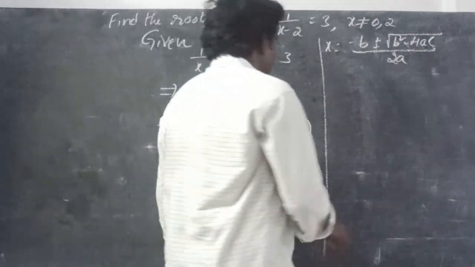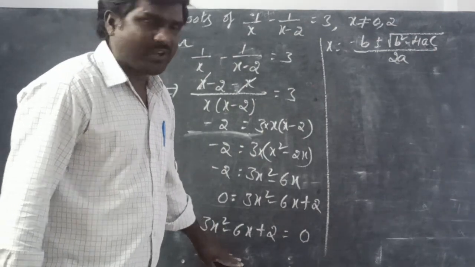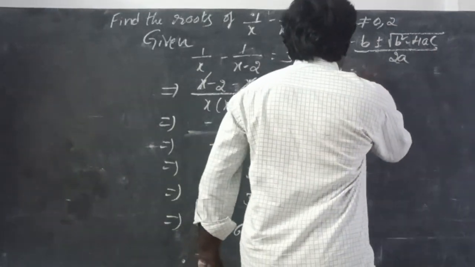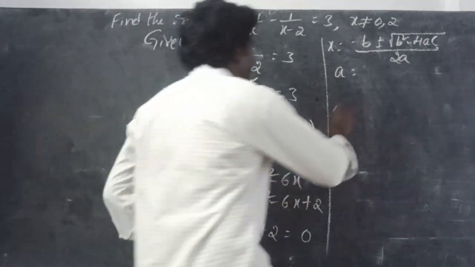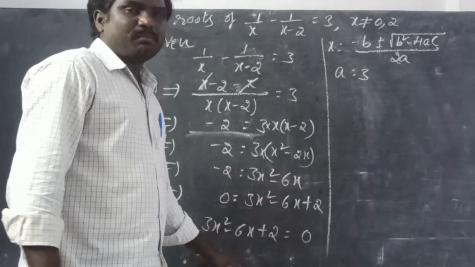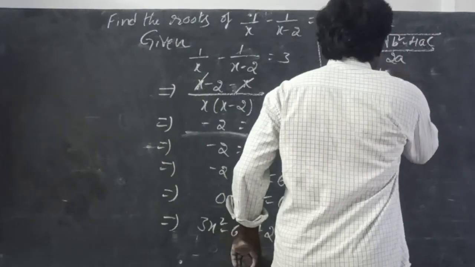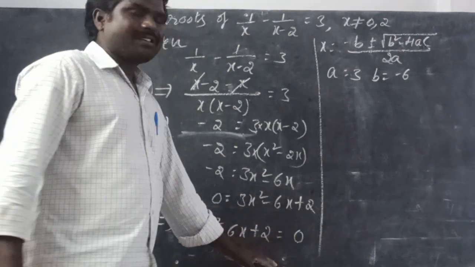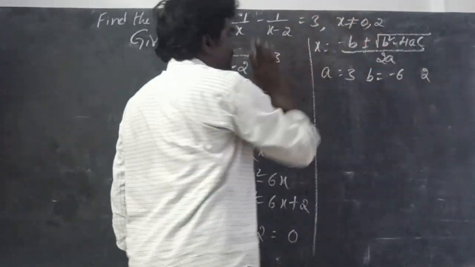Okay, so here this equation is compared with the general form of the quadratic equation. Then a is the x square coefficient. Here it is 3. Next, b is the x coefficient, minus 6. Next, c is the constant. Here the constant is 2. Okay, these values you can substitute there.